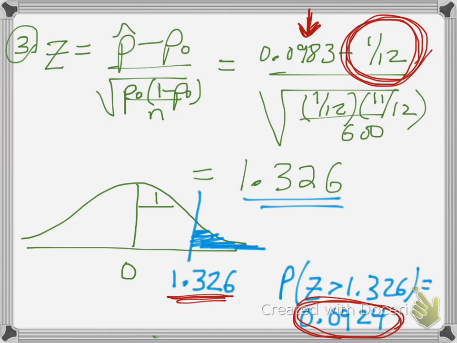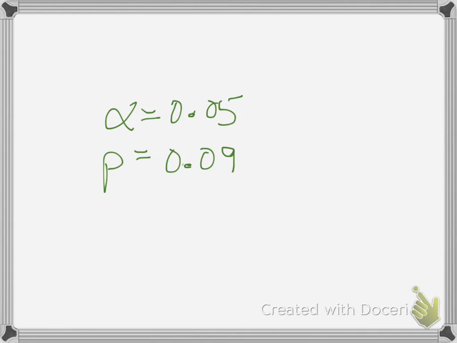The conclusion we would make is, well, I think they said our alpha is 5%. Our p-value is very large. I think it was about 9%.